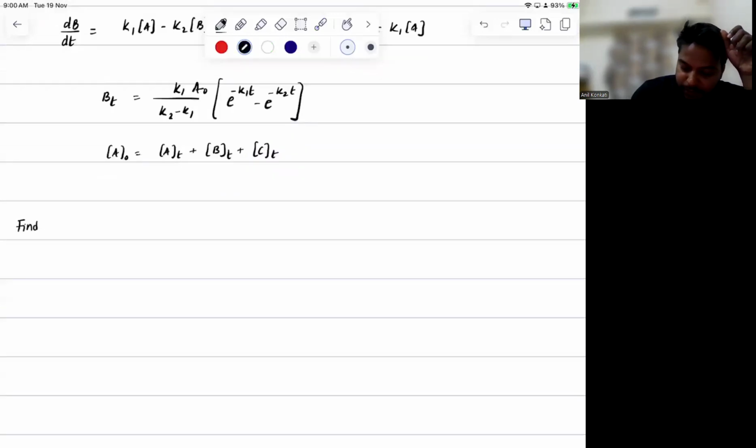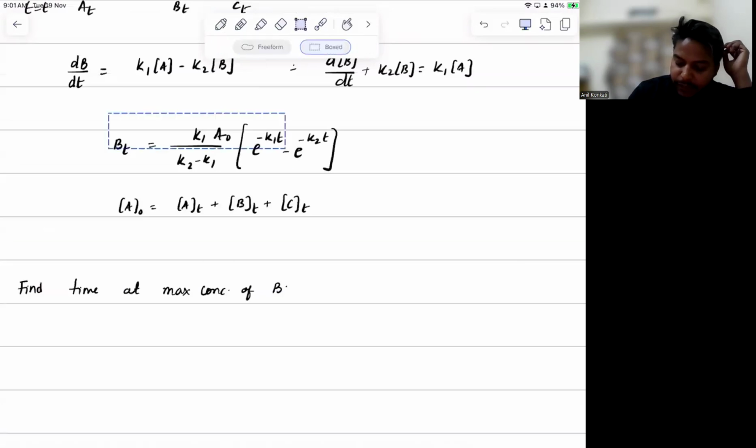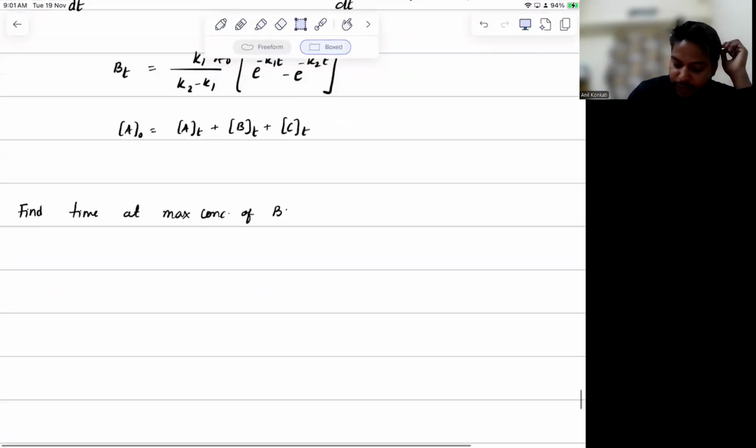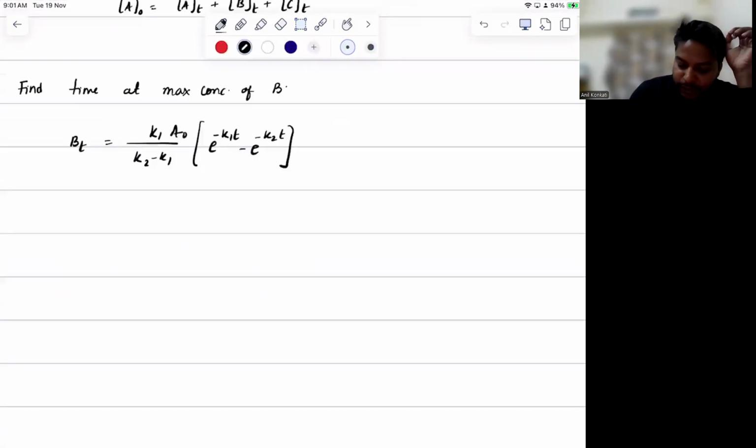Find the time at maximum concentration of B. For maximum concentration of B, we will use this equation directly and differentiate it with respect to t, and equate dBt by dt to 0.